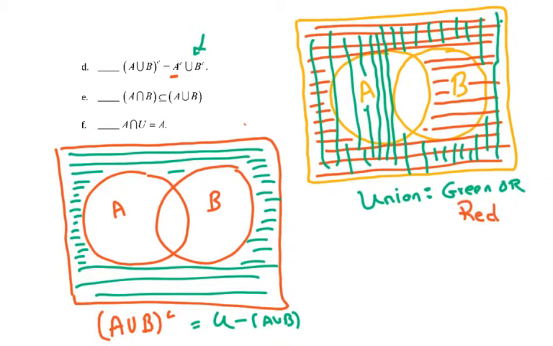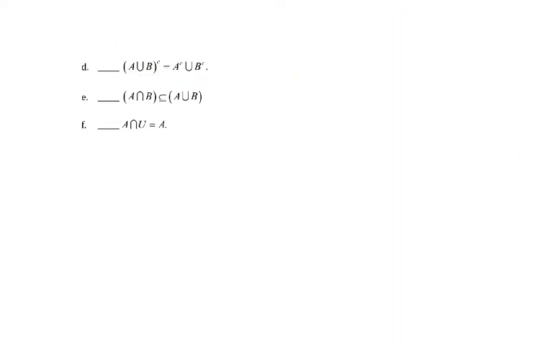So this includes everything except the intersection. So this picture, A complement union B complement, is the same thing as A intersect B complement. It's definitely not an equality here.